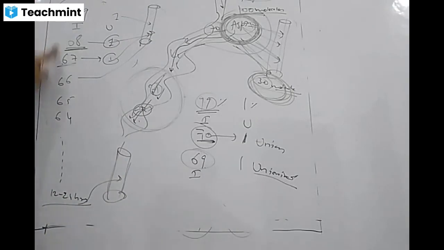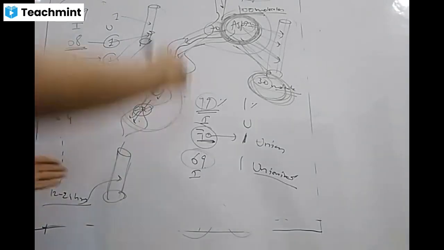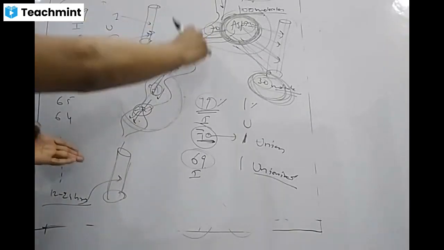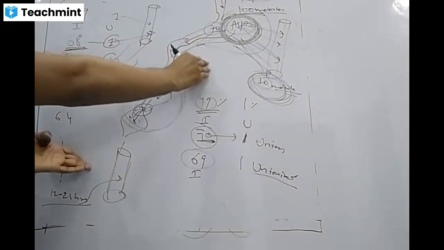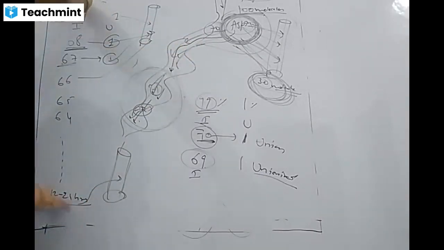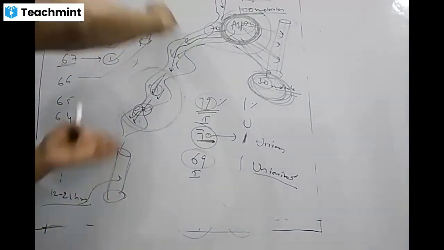This will take time, and the intestine has a large surface area, and it will provide 12 to 24 hours to the drug molecule. Within this period of time, even though they are absorbing slowly, all the molecules will absorb into blood.